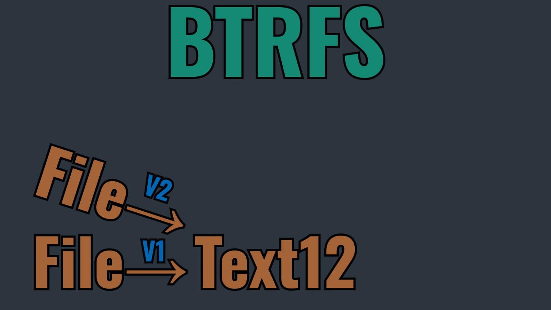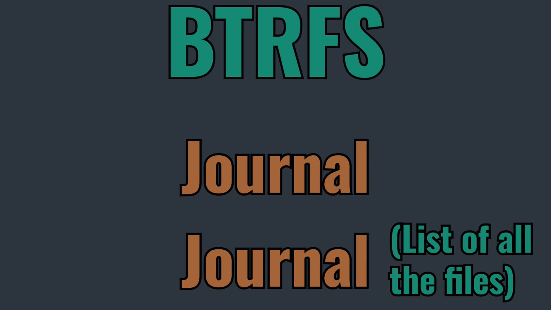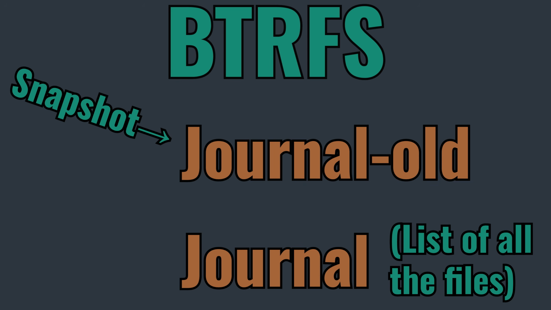And let's go one step further. We can have snapshots. So we can have quick backup, because now what we can say is, okay, all the files that we have there, let's note the journal, let's note how it is right now and copy it somewhere. Not copy the file, just the metadata, just the part where all the files are.